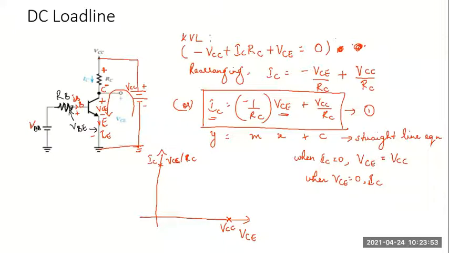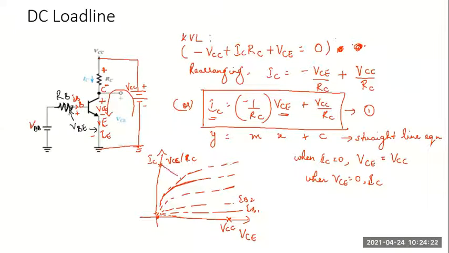So we got the 2 points on the output characteristics. I haven't drawn the output characteristic curves just to avoid clutter. Remember, we have the output characteristic curves here like this. We could have multiple characteristics, each with a different value of IB, IB1, IB2, and so on.